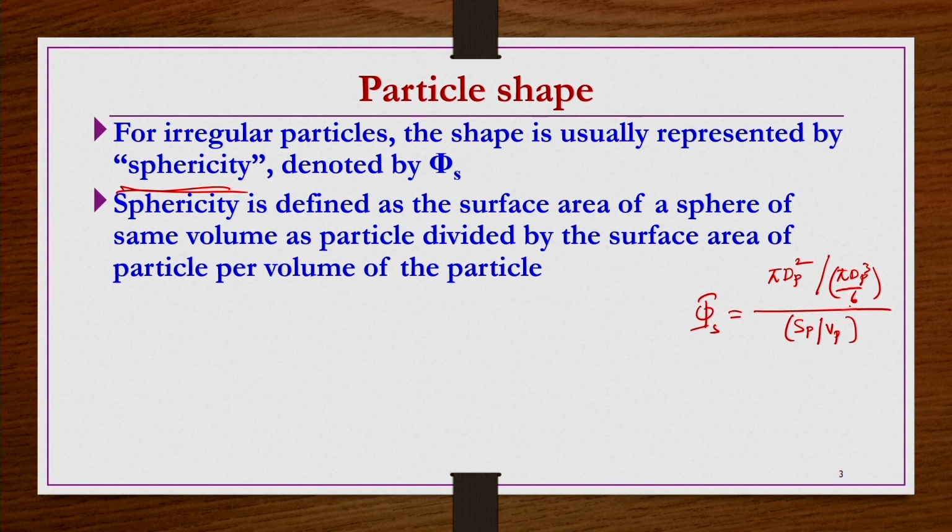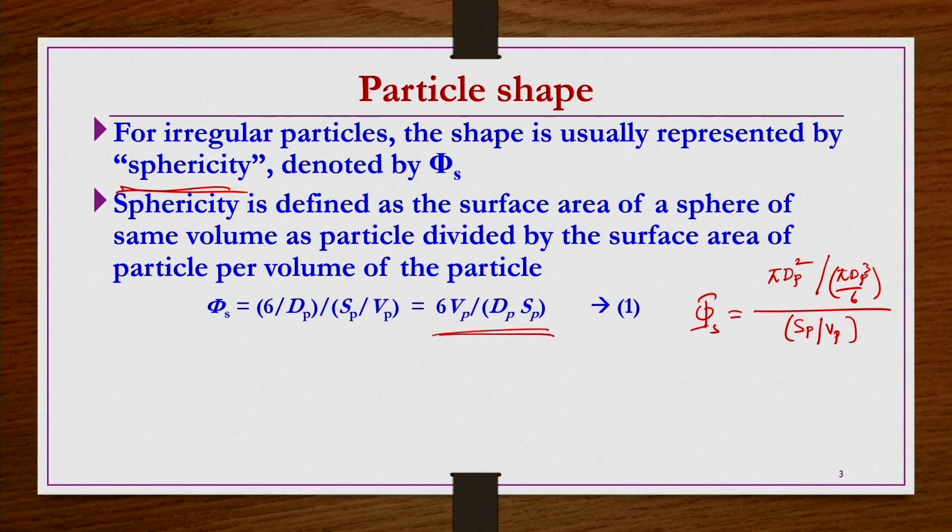Now, you are going to get 6 by dp divided by Sp by Vp. So, phi s is equal to 6 by dp divided by Sp by Vp, that is, 6 Vp divided by dp Sp. That means for a given irregular particle, if you know the volume of the particle, the surface area of the particle, and the nominal diameter of the particle, especially the sphere volume equivalent diameter dp, then you can know the sphericity for that given particle easily.